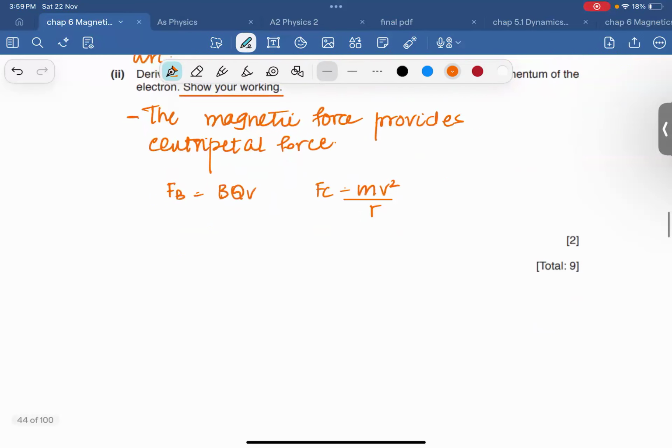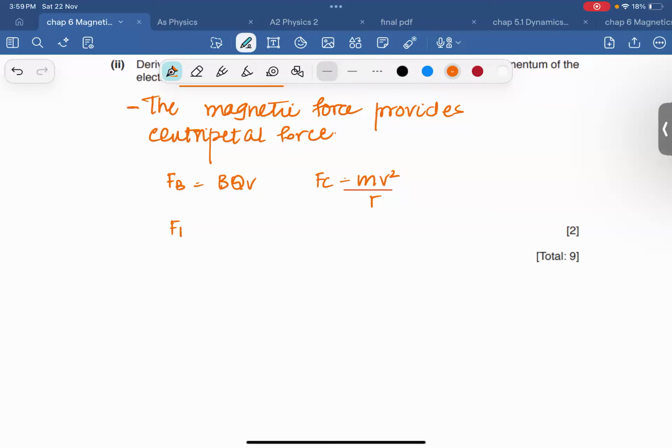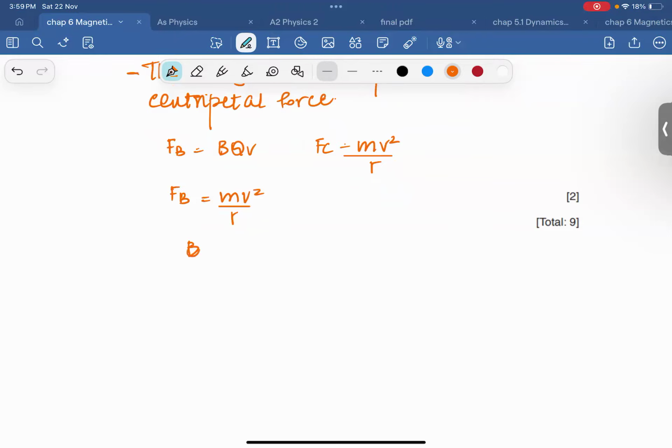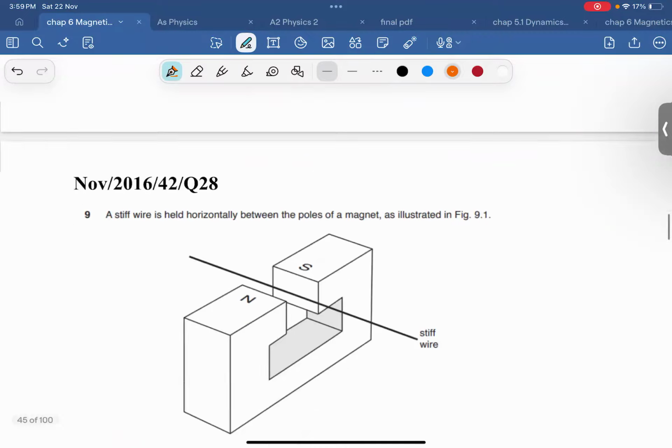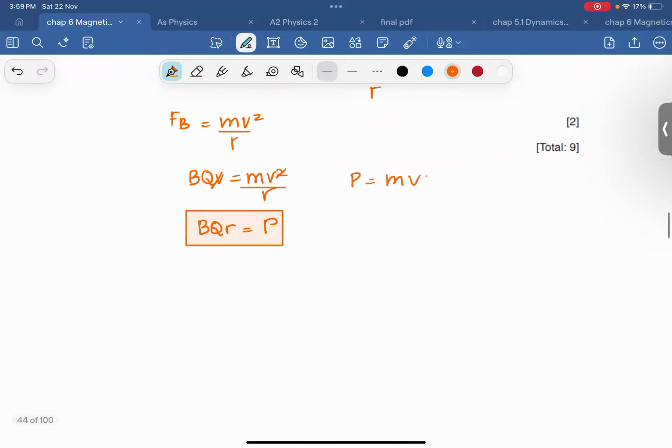Only F_B is acting as the resultant force, so F_B equals ma or mr omega squared, and F_B can be replaced with BQV. So BQV equals mv squared over r. The v cancels, and BQr equals p, and that is what we have done. But you have to mention that p is supposed to be mv. And that's it.